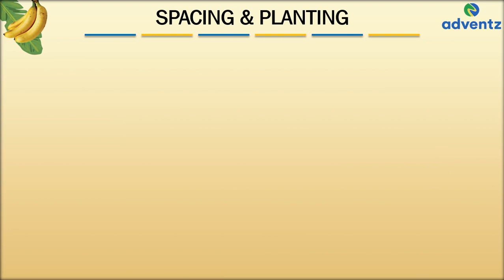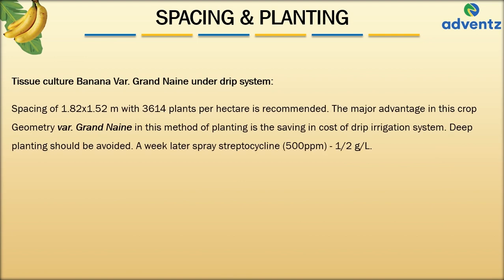After preparing the field, it's important that the banana plants are planted with the right spacing. The spacing details for planting tissue culture banana variety Grand Nain under drip irrigation systems is the next thing we will study. Spacing of 1.82 x 1.52 meters with 3,614 plants per hectare is recommended.